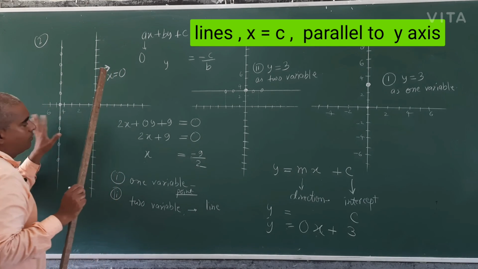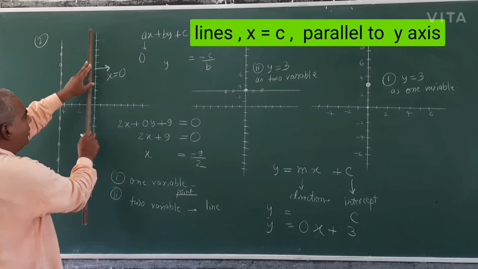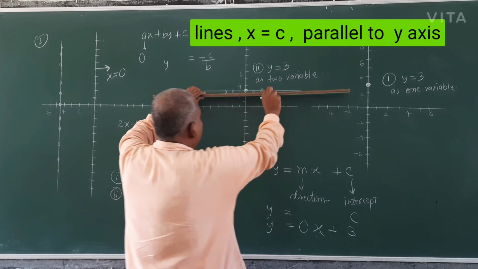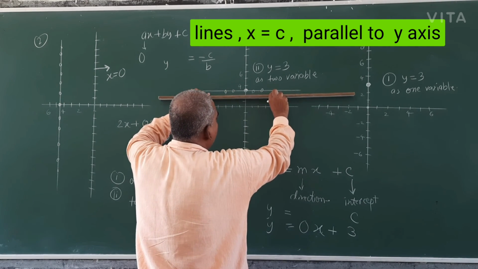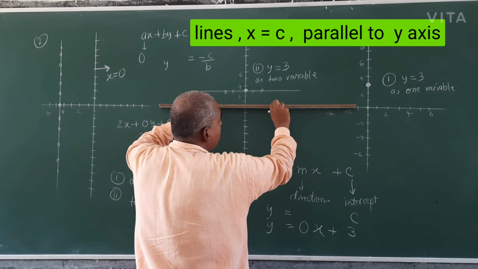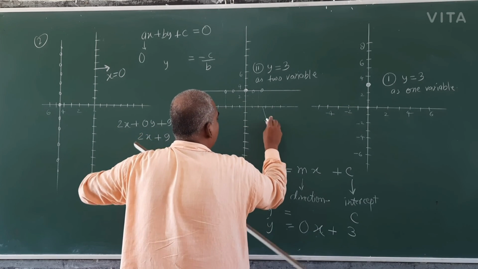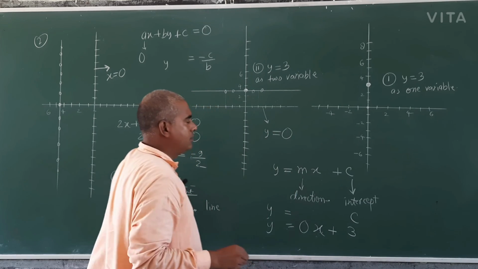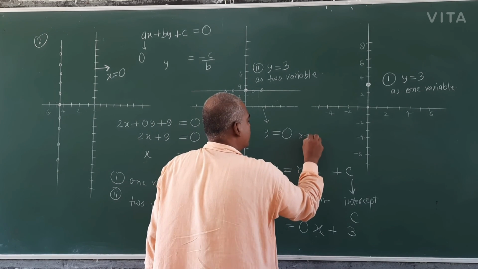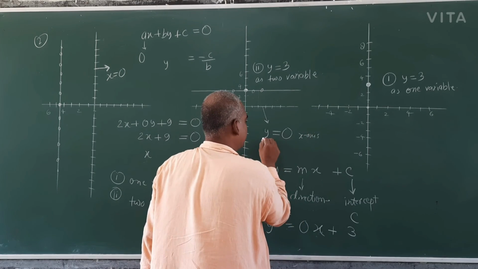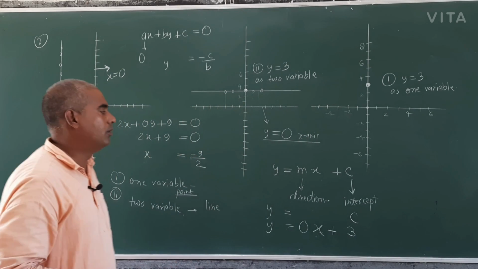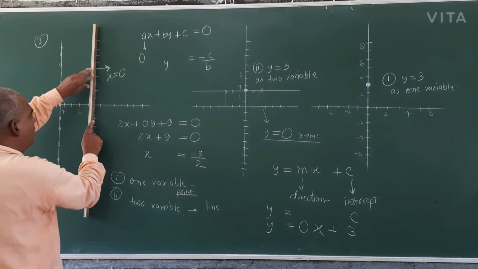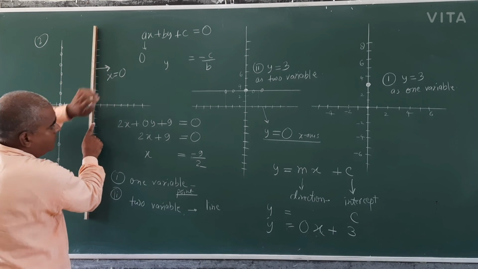What about the others? This is y is equal to 3, this is y is equal to 2, y is equal to 1, y is equal to 0, means the x axis equation is y is equal to 0, and the y axis is x equal to 0.